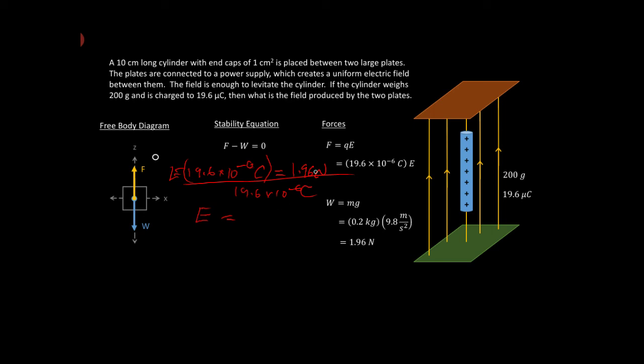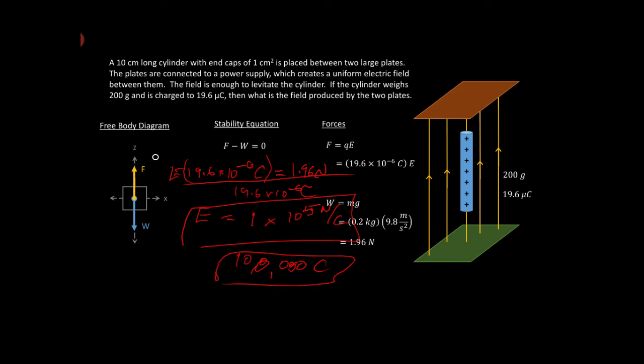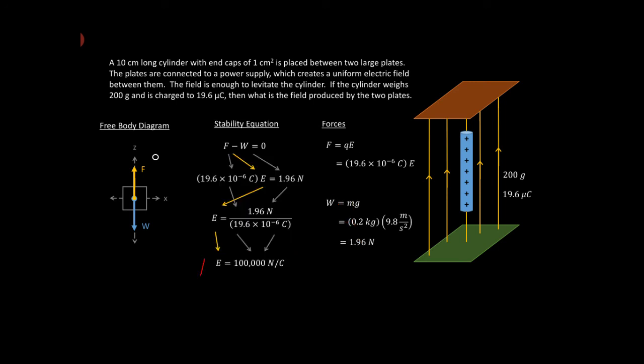That just gives E on one side, and that gives 1 times 10 to the fifth, not minus 5, newtons per coulomb. Oh, and look, that's where we are. So that's more or less what we want: E is equal to 100,000 newtons per coulomb.